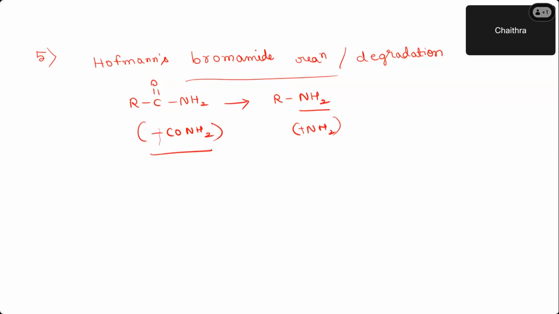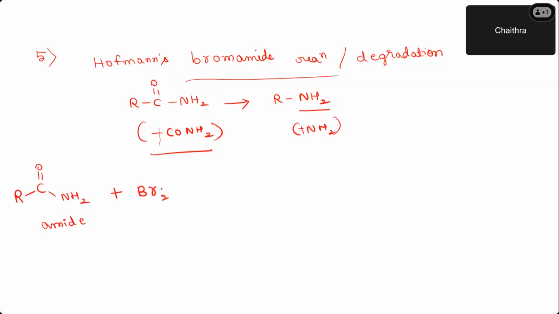So let me write the general reaction so that you can easily write the products. I'll start with R C double bond O NH2. What is the name of the starting material? It is amide, a general amide. Plus, what are the reagents for Hoffman's bromamide reaction? You have to treat this amide with bromine.